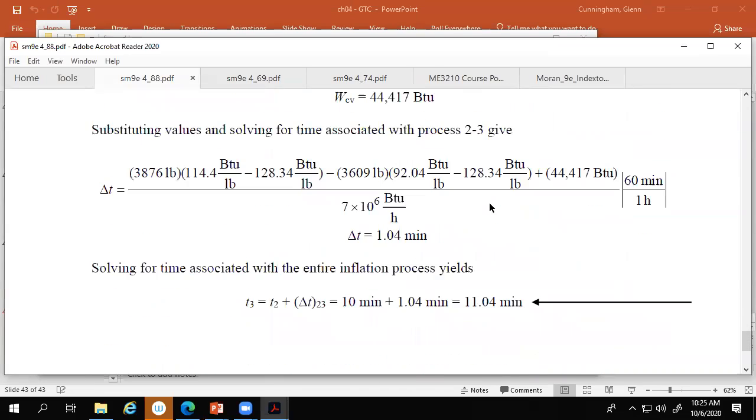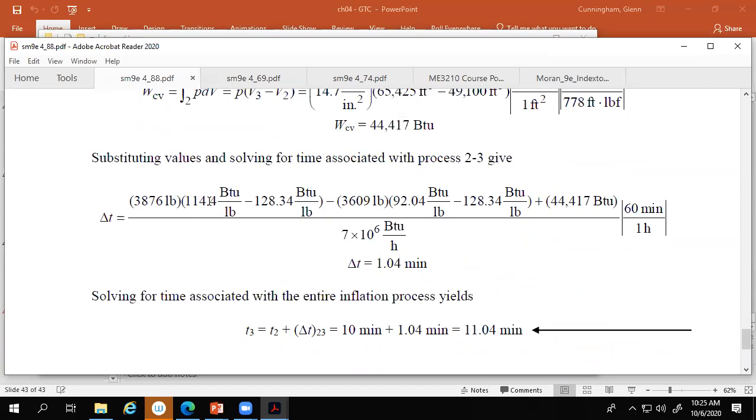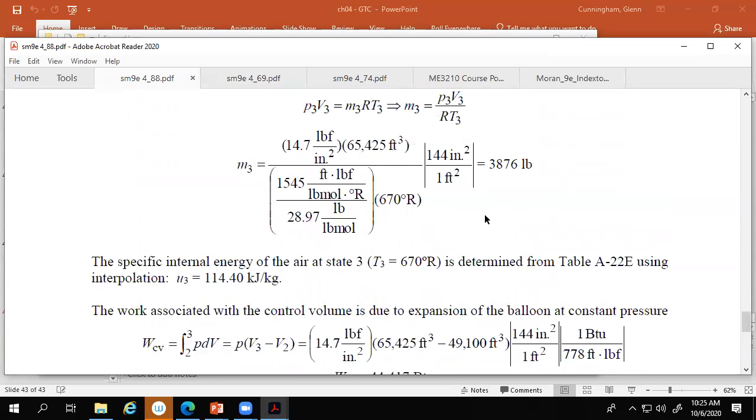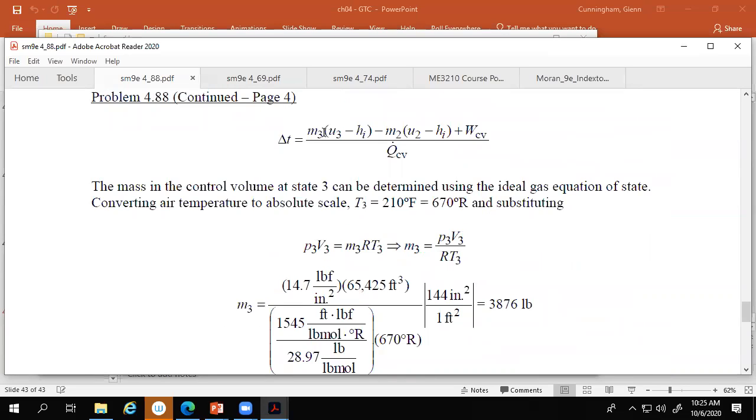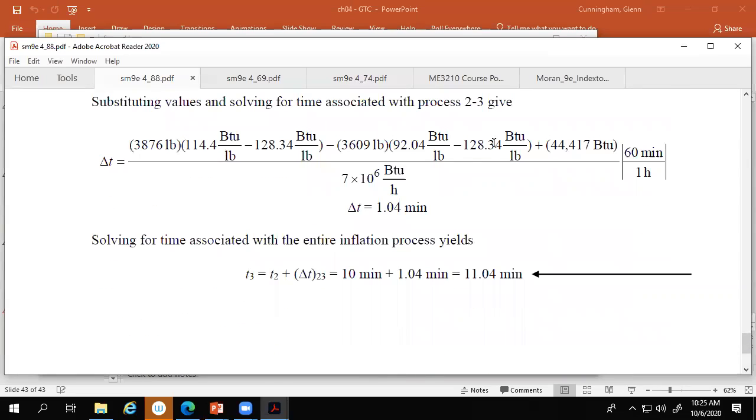And that's what he's doing down here. Mass flow rate, that's what the internal energy and enthalpy we looked up. I forget what all the terms are. Anyway, these are the internal energy and enthalpy at 2 and 3, and the work.